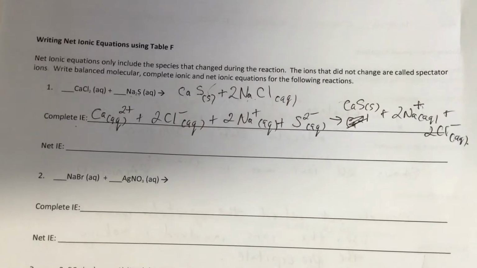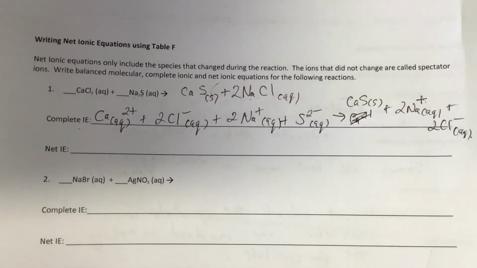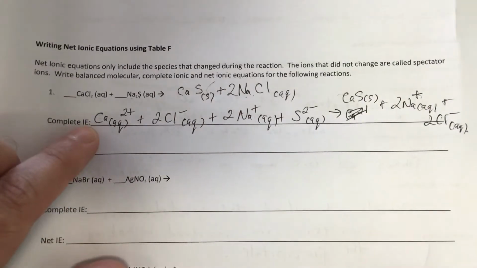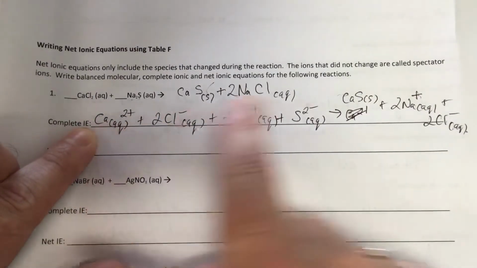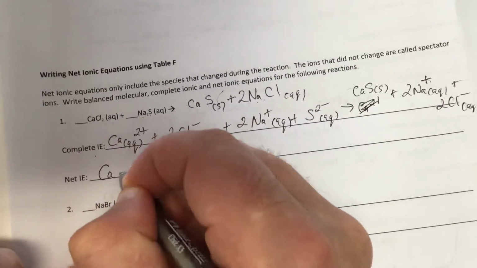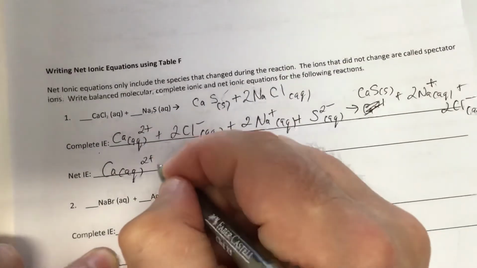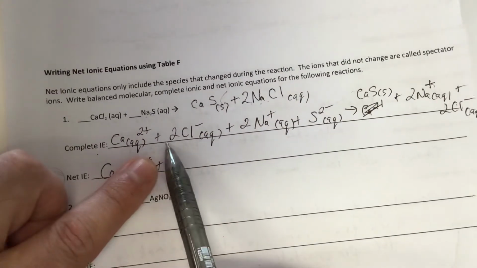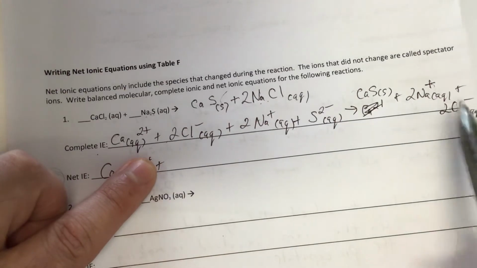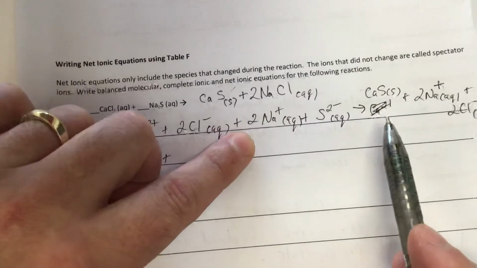Okay? Your net ionic equation, you're going to cancel everything out. So if it's the same on both sides, we're not going to worry about it. So calcium is going to be involved, so we can write it here. So calcium aqueous 2 plus, chlorine. It's going to be on both sides, not involved, so we don't need to worry about it.